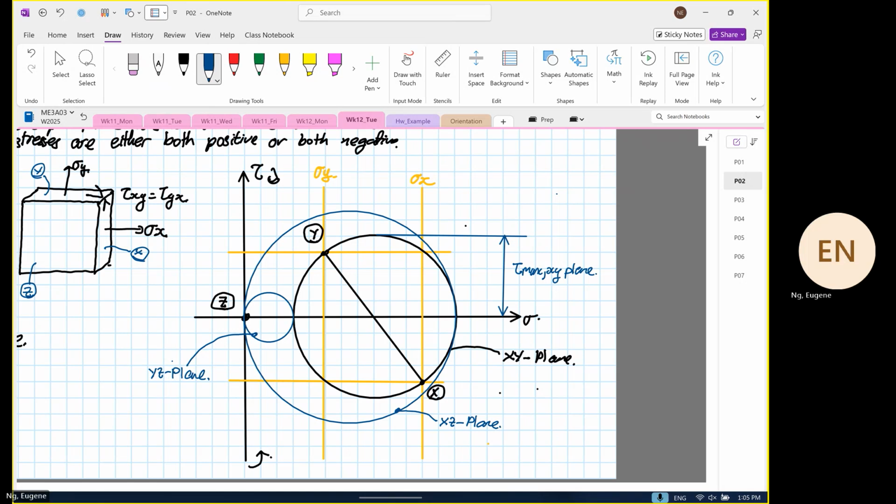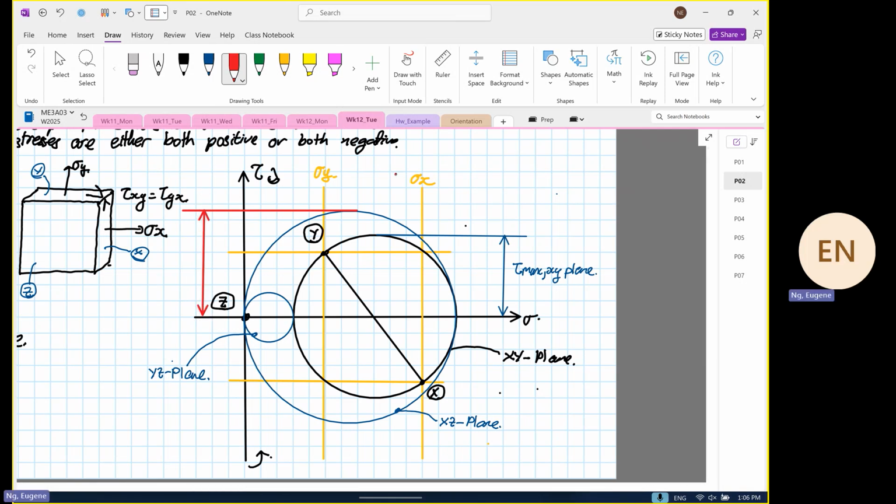XZ plane. Okay. So this final circle that I've just drawn, this is the most important circle. Why is it the most important circle? Because it has the largest what? Radius.